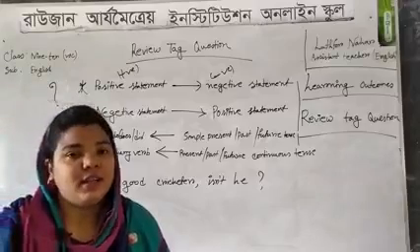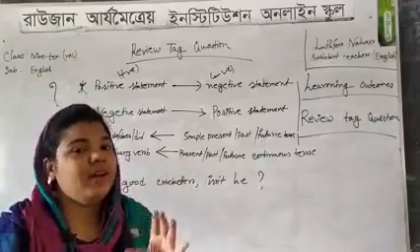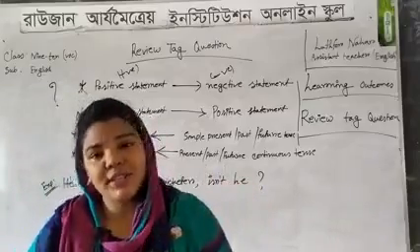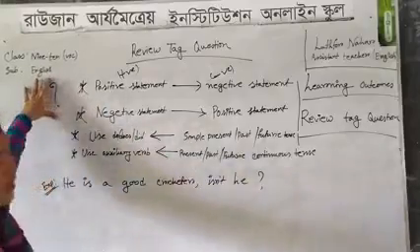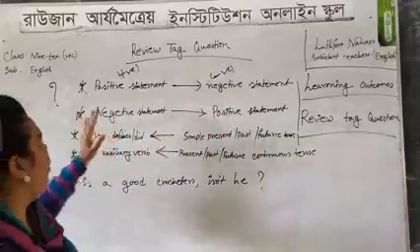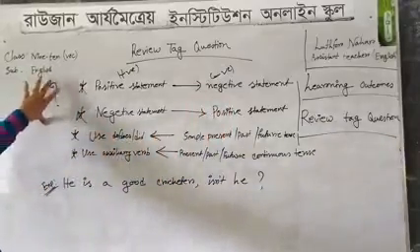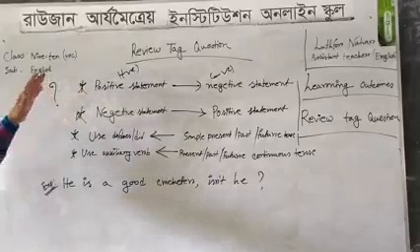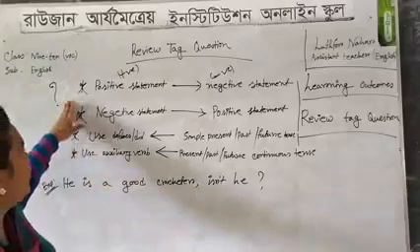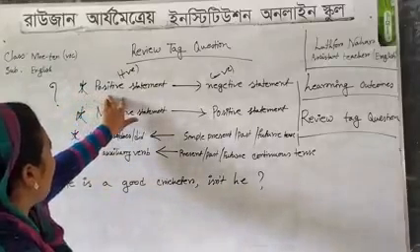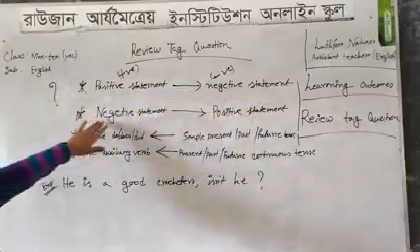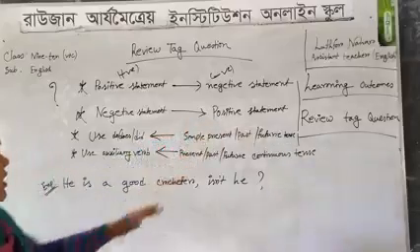As the name mentions, this is a question tag, that's why you have to use a question sign at the end of the tag question. So the first trick is that you have to use the question mark, and you have to change positive into negative and negative into positive.